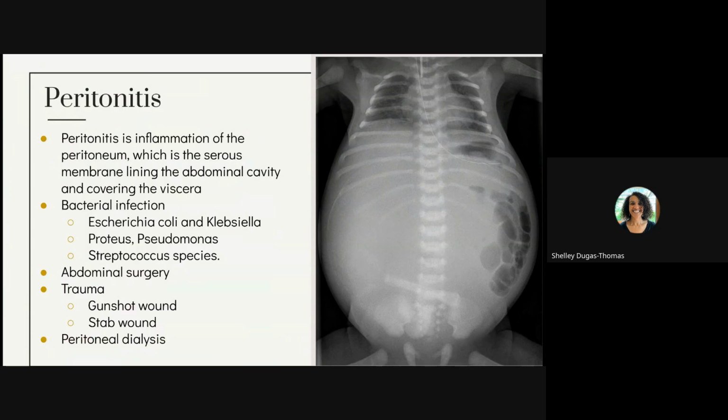The most common bacteria implicated is E. coli, and so the peritonitis can also result from external sources such as abdominal surgery or trauma, gunshot wound or stab wound, or an inflammation that extends from an organ outside the peritoneal area, such as the kidney, or from continuous ambulatory peritoneal dialysis, which we talked about.